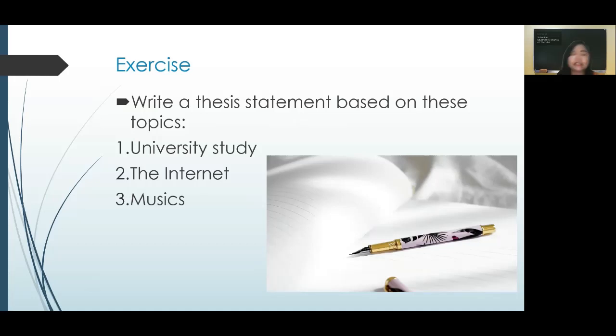Please write down your thesis statement about these three topics in the comment box, so that we all know which one is better, or compare our thesis statements, or argue, oh, this one is not that strong, what if we revise it like this. Let's talk a lot about how to write a strong thesis statement in the comment box.